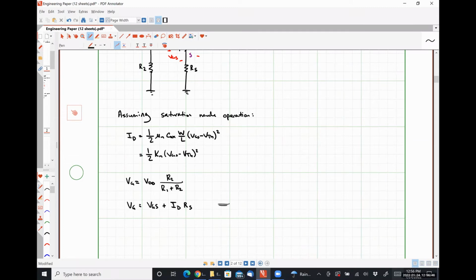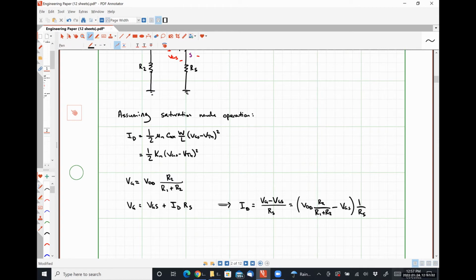And we can do a little bit of algebraic manipulation to find that ID is VG minus VGS over RS, or VDD times R2 over R1 plus R2 minus VGS, all multiplied by a factor of 1 over RS. Anybody have any beef with my algebra here?